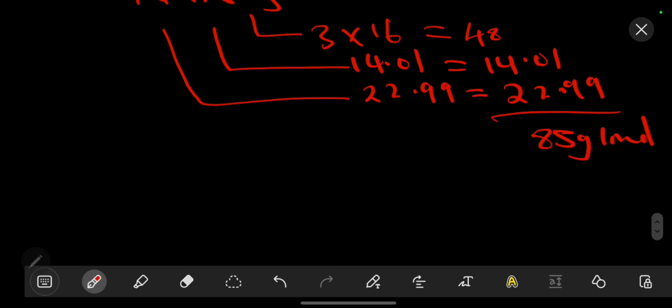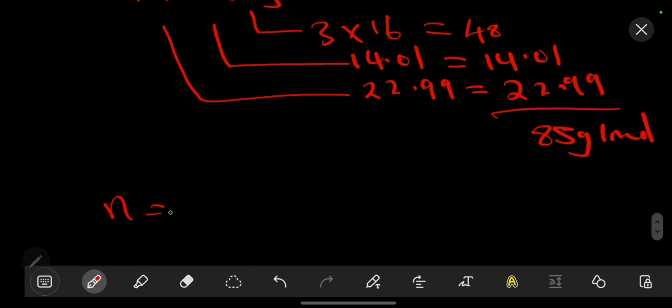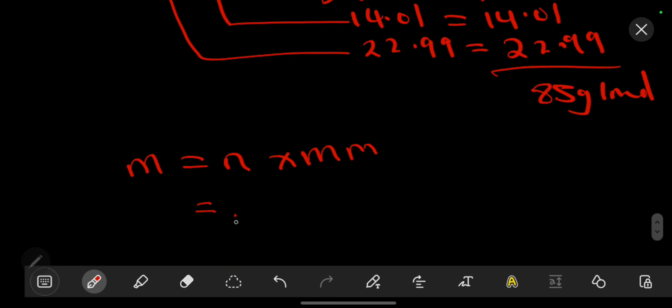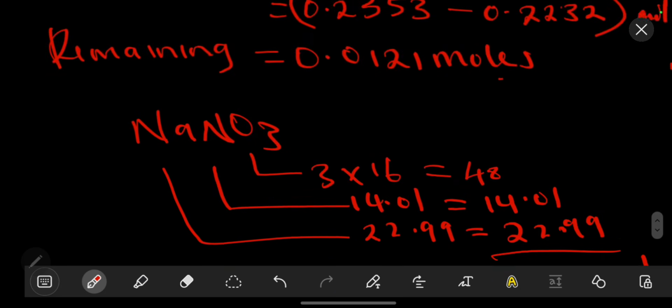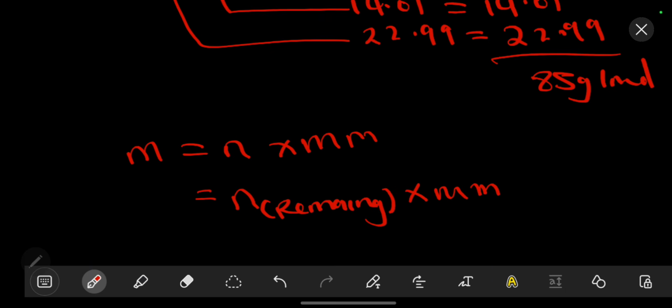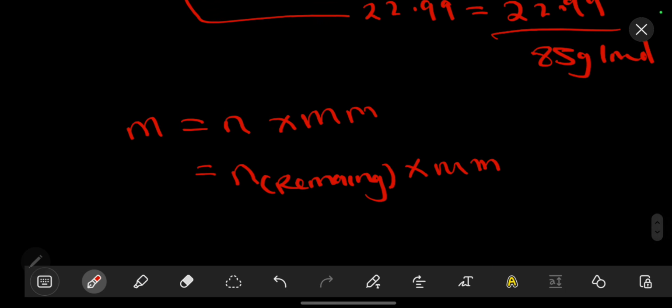According to the formula we've discovered, mass is equal to the number of moles times the molar mass. So to find the grams of the remaining, we take the number of moles of the remaining times the molar mass. The molar mass is fixed, remember.